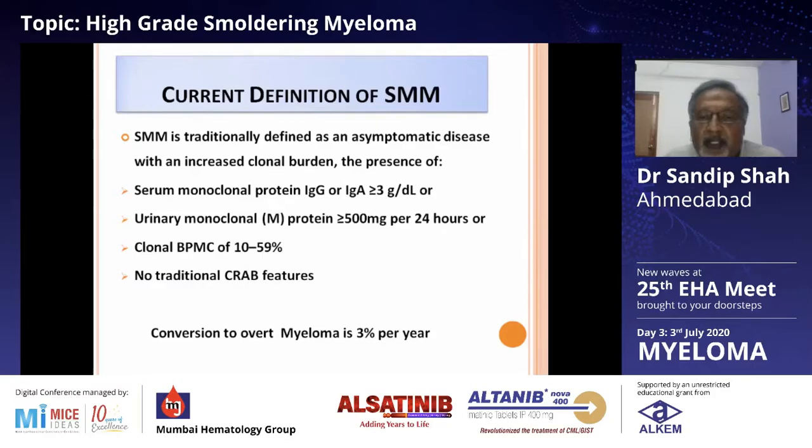Urinary monoclonal protein is more than 500 milligram per 24 hours, or clonal bone marrow plasma cells are 10 to 59%, and no myeloma defining features. So if we consider this definition, then conversion to overt myeloma is 3% per year.